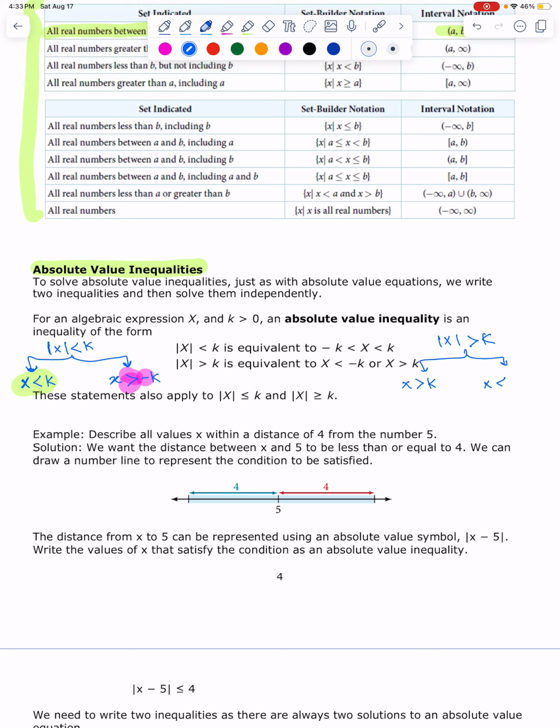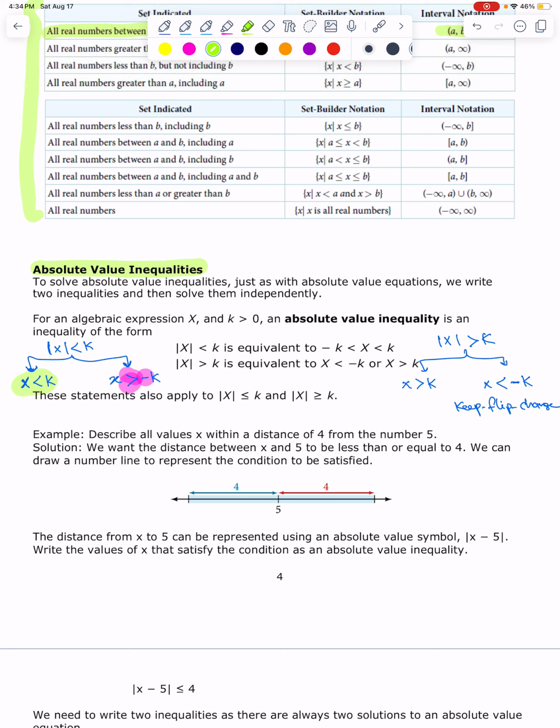We're going to flip the inequality sign and then change the sign of the right-hand side of the inequality. So in this case, the procedure is going to be keep, flip, and change. Remember, keep what's inside of the bars, flip the inequality, and change the sign of the right-hand side.